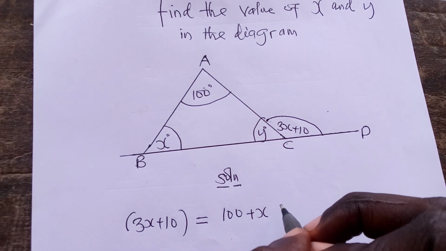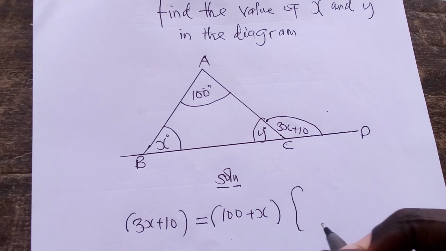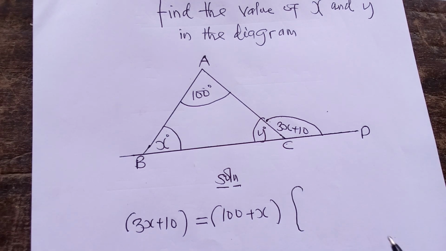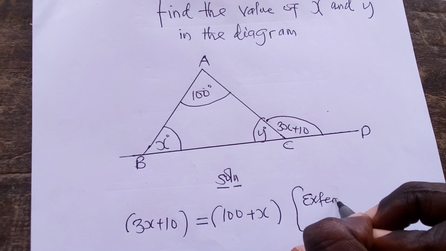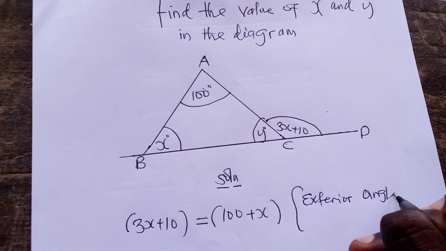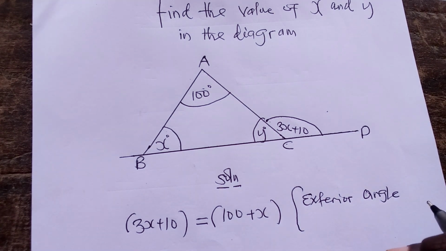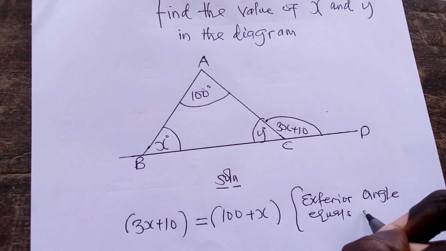The reason being the exterior angle equals the sum of the opposite interior angles, because in geometry you always give a reason to satisfy your condition.